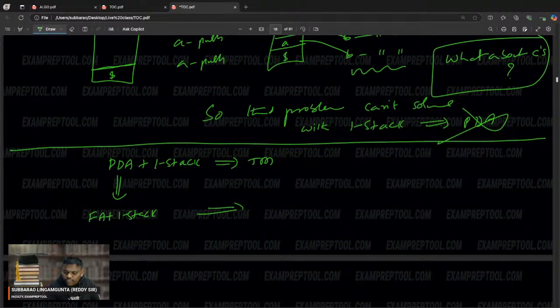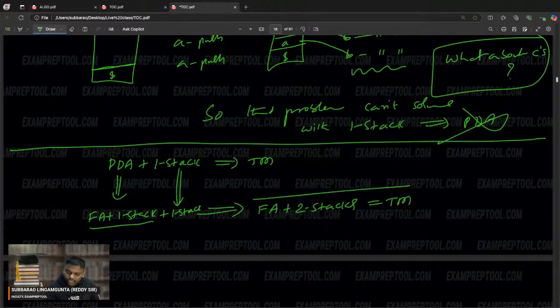Total observation, if you see, finite automata plus two stacks is known as Turing machine. Finite automata is there and two stacks are there.